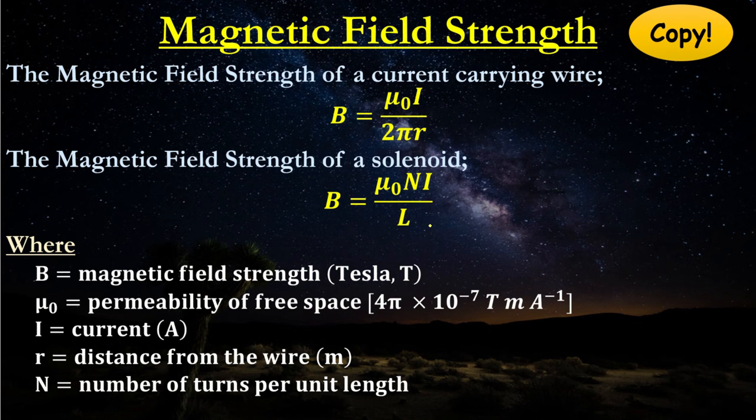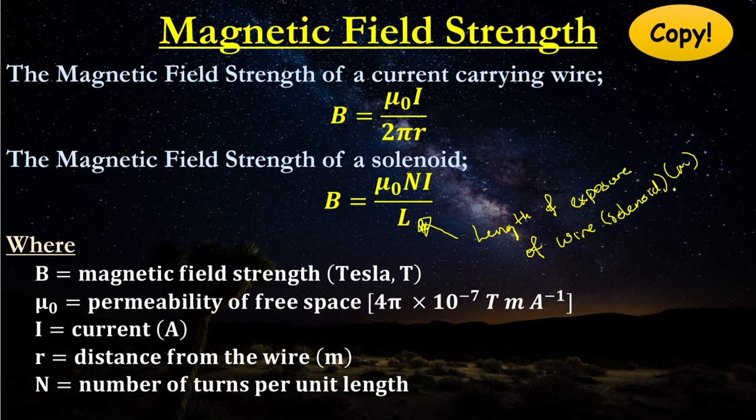So length of exposure of wire or solenoid, and that's measured in meters. The number of turns has no units, because that's just counting quantity, so you don't need units for that one.